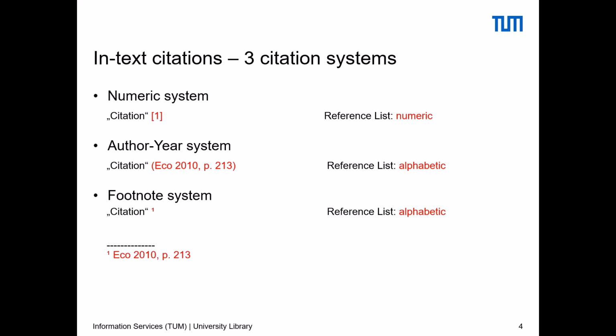The third system is the footnote system, where we place a footnote behind our citation, and in the footnote we can either give a kind of short form, which often looks similar to the author-year system, or we can have a system where we give the full reference in the footnote. So again, there are different systems depending on the citation style. And when we use footnote systems, the reference list is usually also sorted alphabetically.